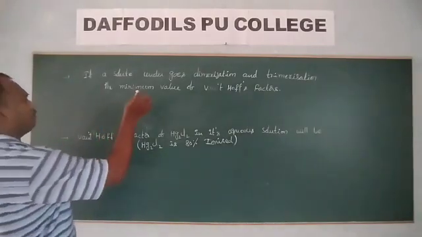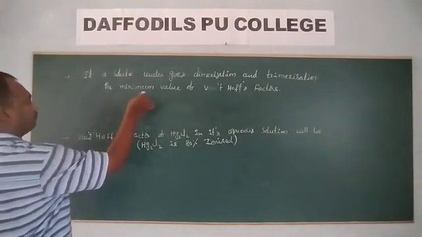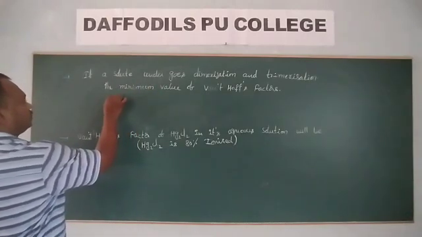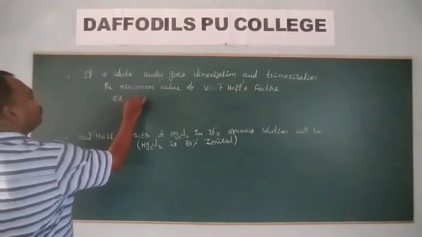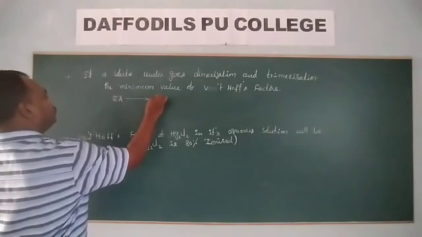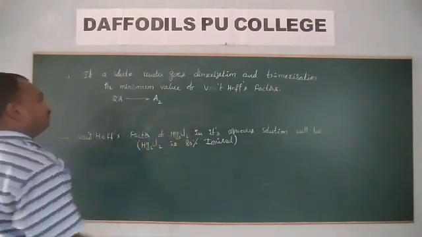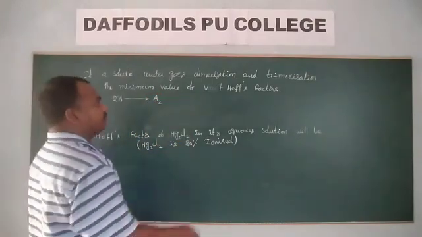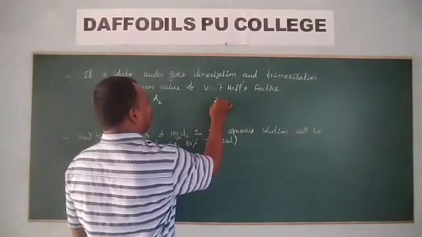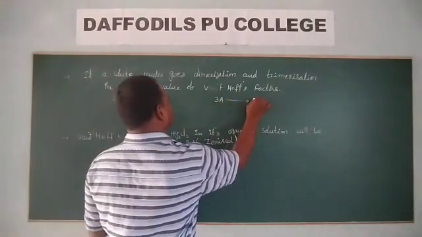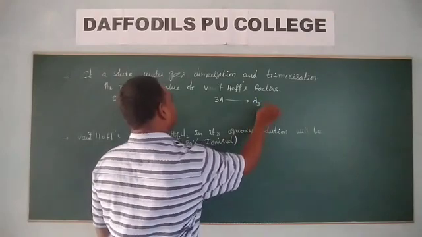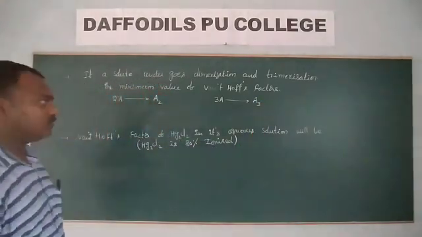First write down the equation. 2A gives rise to A2 is the dimerization equation. 3A gives rise to A3 is the trimerization equation.